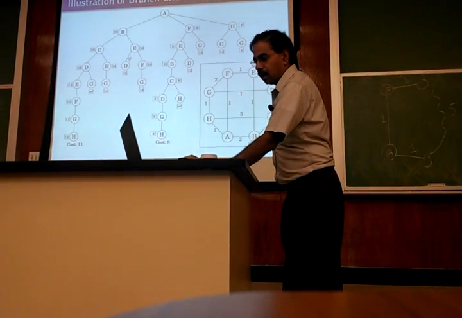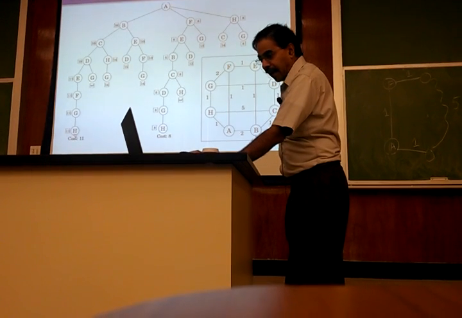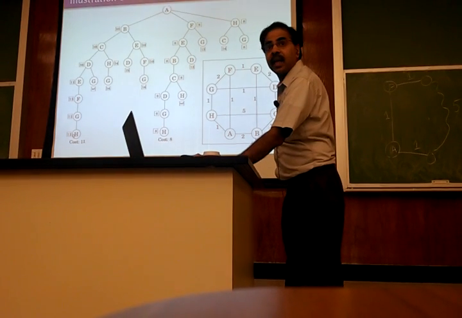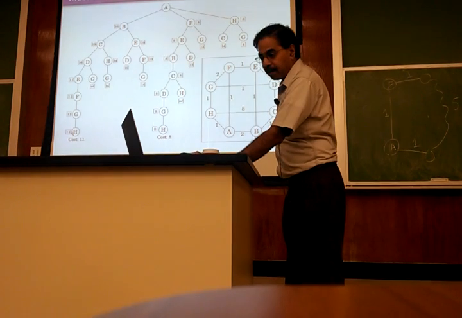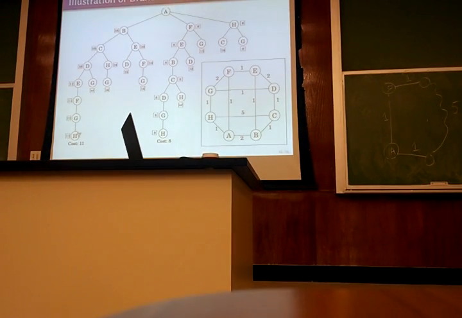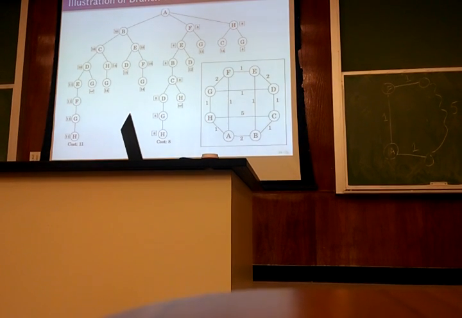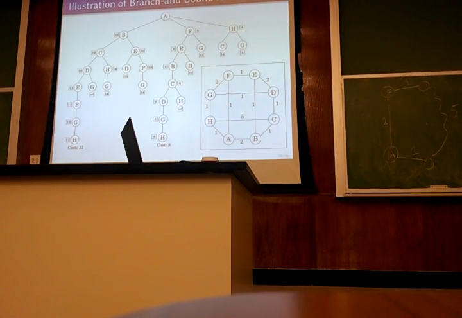And the moment you have computed an actual solution that has a cost of 11, right? Then you are going to avoid exploring any subtree where the lower bound on the cost is more than 11. You understand? Right?